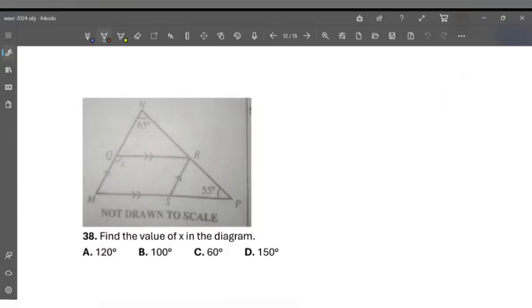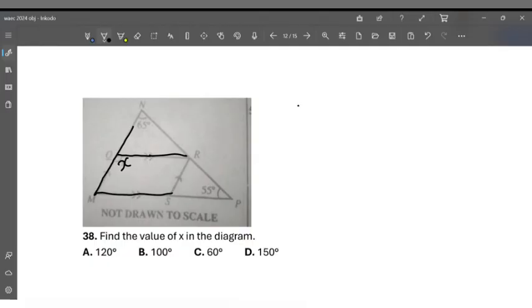Question number 38. We are given a figure and we are told to find the value of x in this diagram. All right, so x is located here. Upon further inspection of this diagram, you can see something unique. There's a pair of parallel lines this way and this way being cut across by a line.